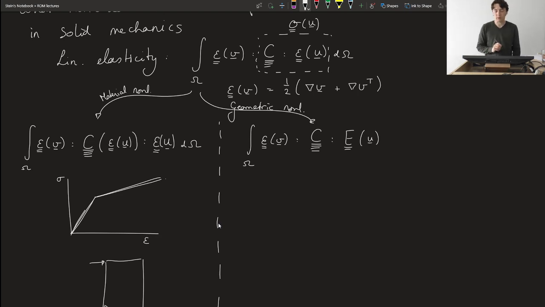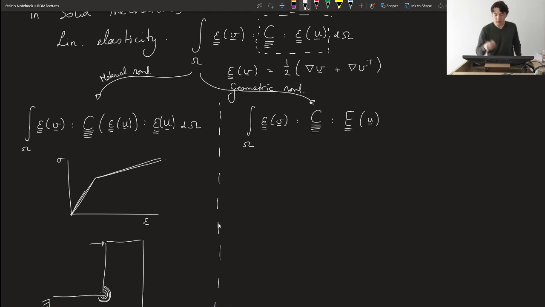So there's still going to be a second order tensor, still going to depend on our deformation, but in a slightly different way. So the way that we could, for instance, define our strain, this is Cauchy-Green strain, if I'm not mistaken, is that we take the linear part of this, and we add to this half of the gradient of the deformation transposed times the gradient of the deformation.